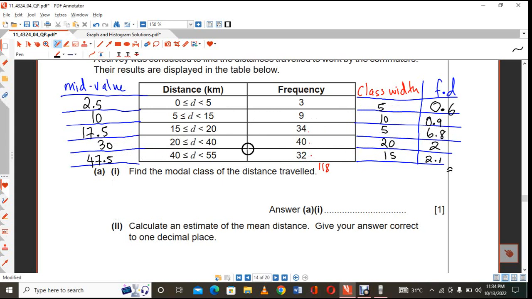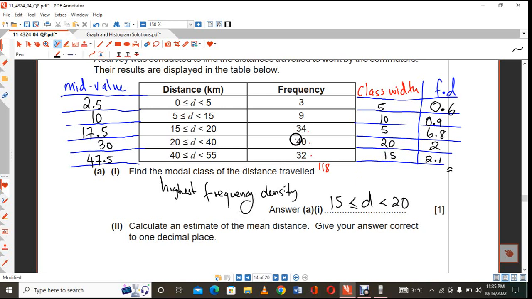In this case, it is the class group between 15 and 20. If the class widths were the same, say all of them were 5, the modal class would be the one with the highest frequency.